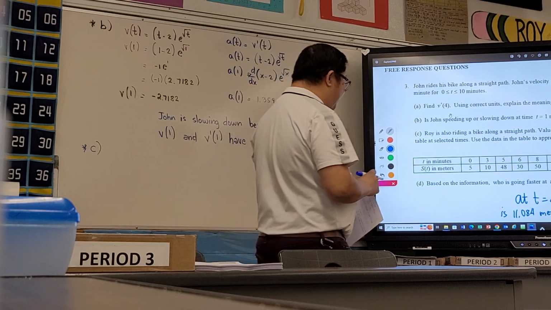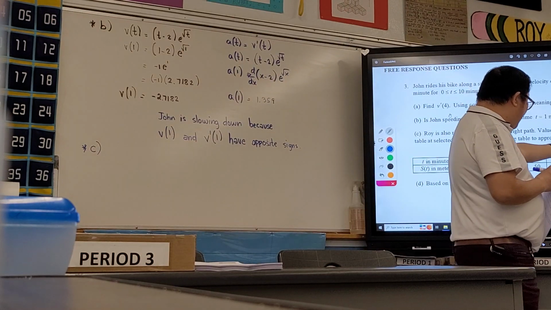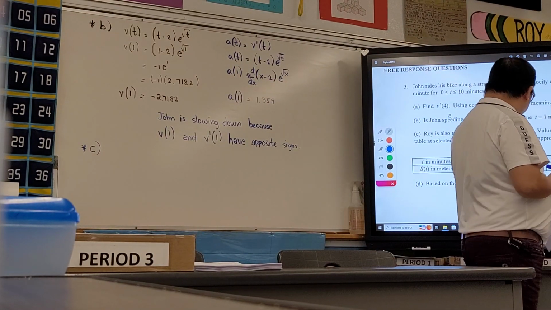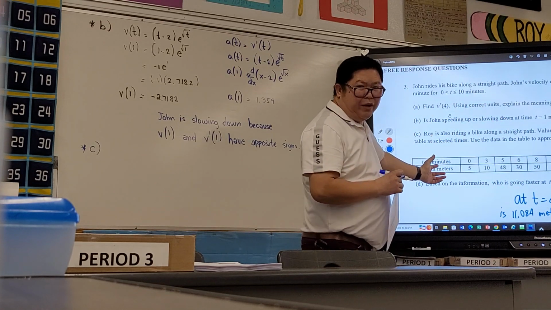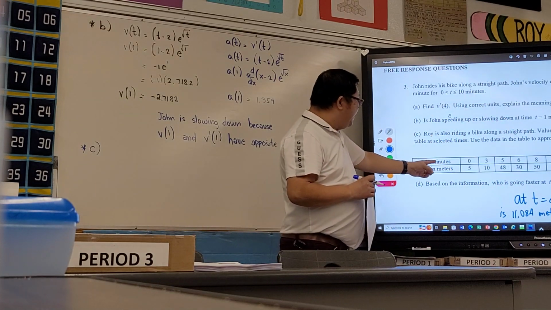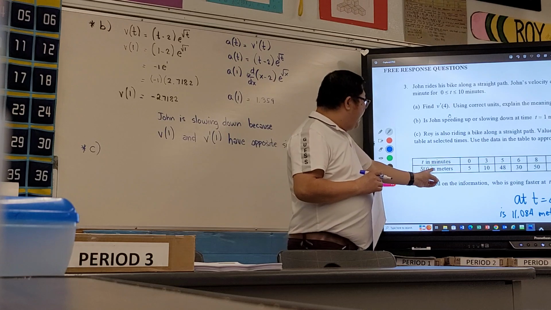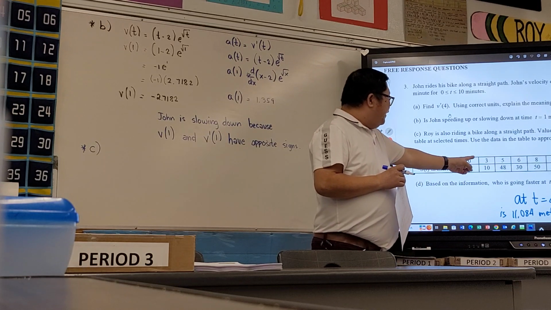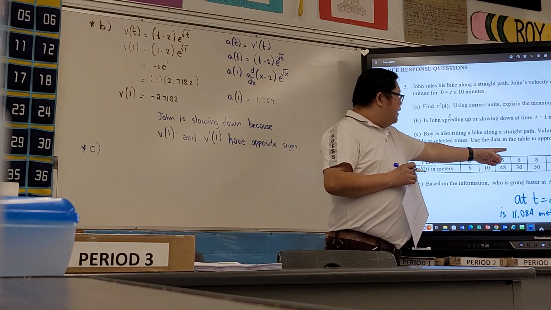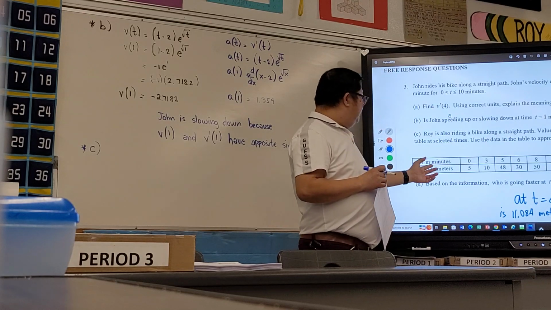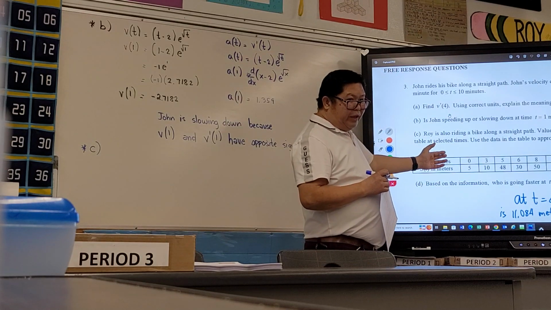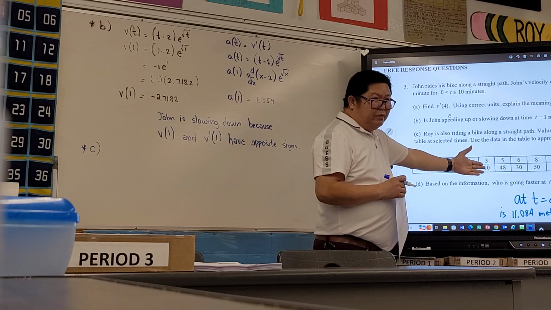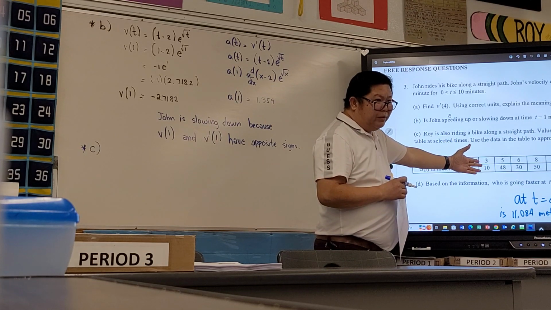Okay, so it says right here, velocity at time t is equal to 4. Now, based on this table, guys, we only have 0, 3, 5, 6, 8, and 10 minutes, right? Is 4 minutes in the table, yes or no?